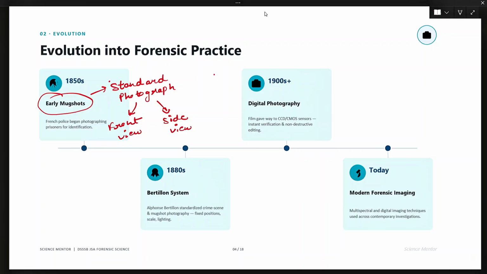Okay, so here is the Alphonse Bertillon system.